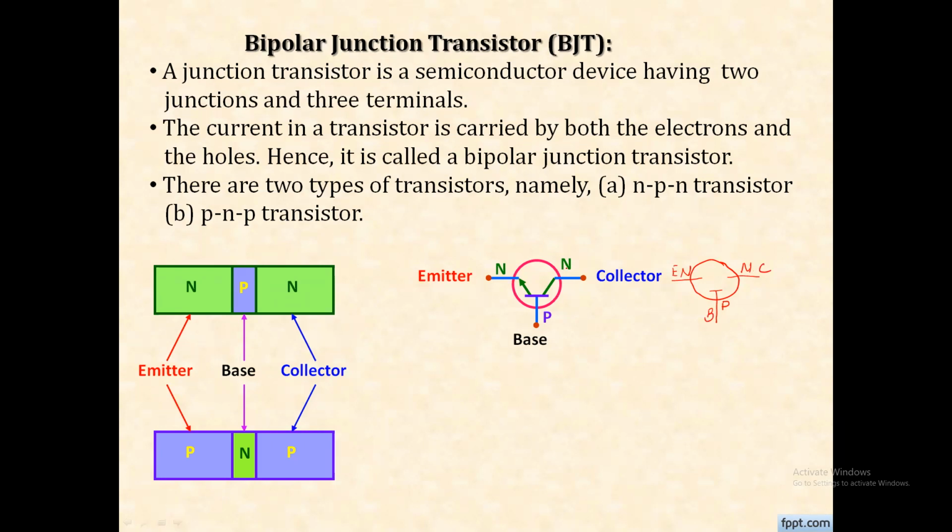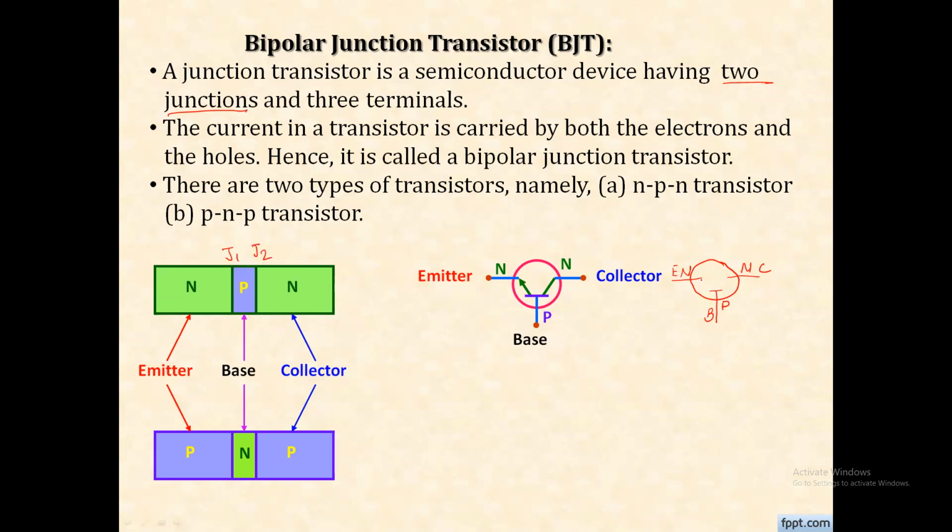And as I say, the transistor has two junctions. One junction is present between emitter and base. We say junction 1. And another junction is present between the collector and base. I say it's junction 2.